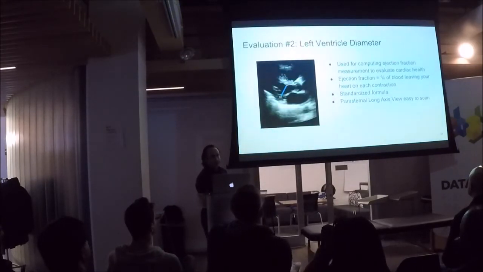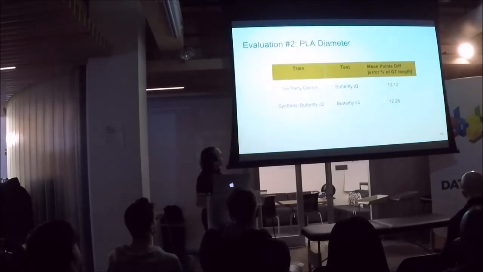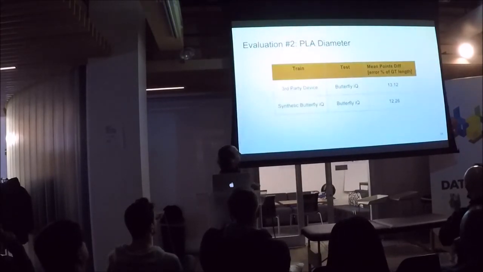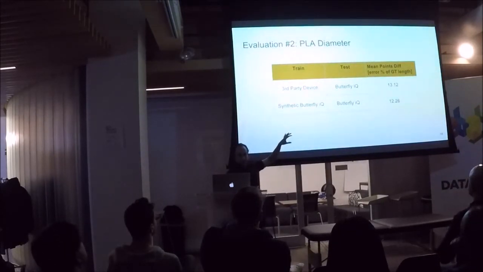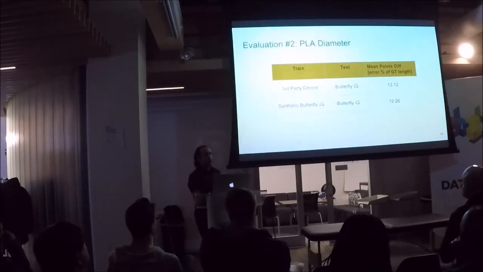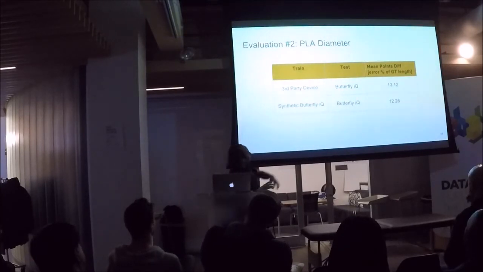In the second task that I mentioned before, we want to evaluate the left ventricle diameter. This is the amount of blood being pumped in and out. Here, using only third-party data, the way that we evaluate this is with a metric called mean points diff, which is the average distance of the points in the image plane. The naive approach gets about 13%.